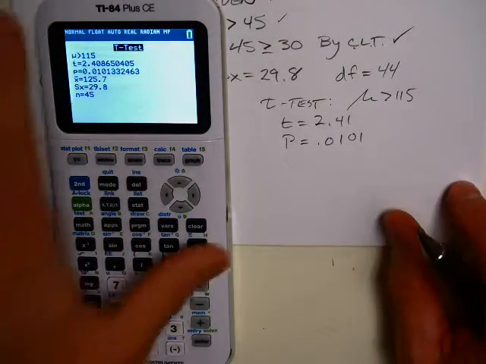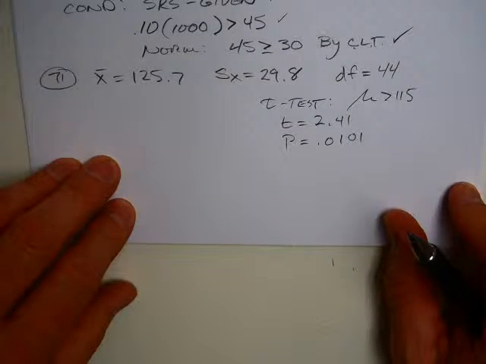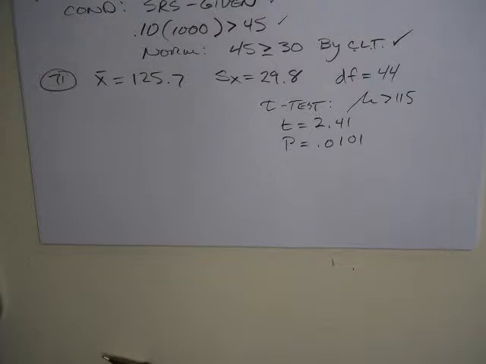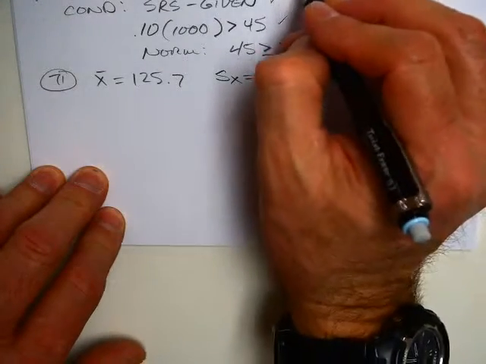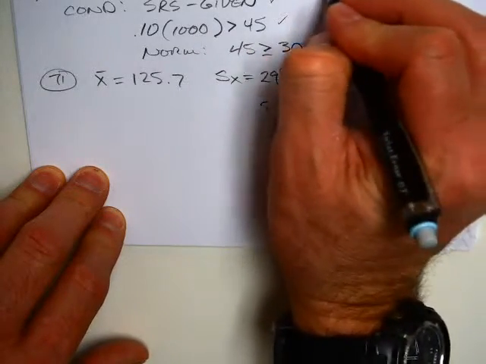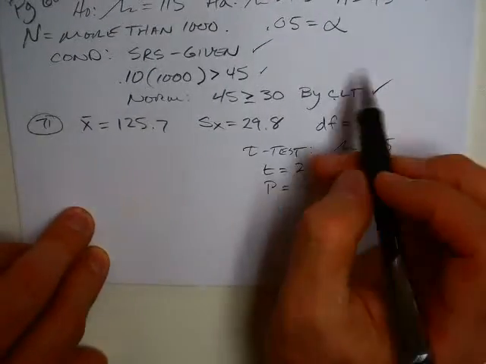Okay. So now, I'm comparing this to what? Oh, alpha is 0.05. That was given earlier. I didn't write it down. Alpha is 0.05. Put that up here.